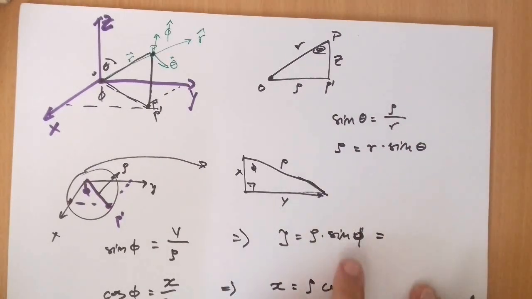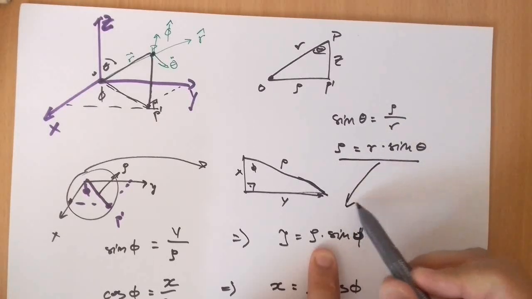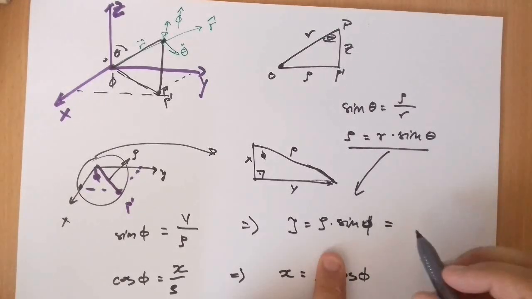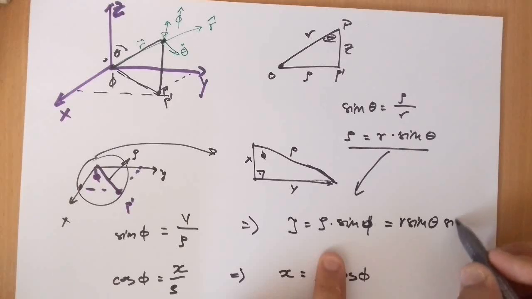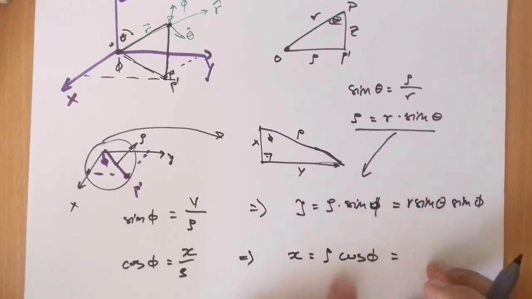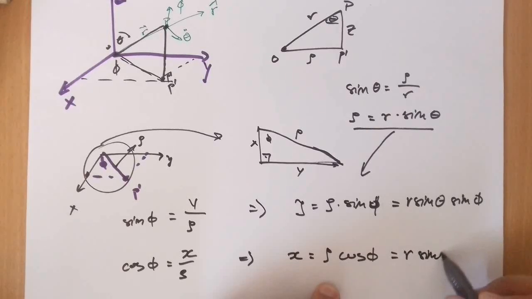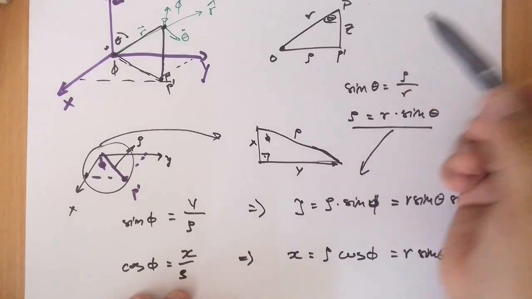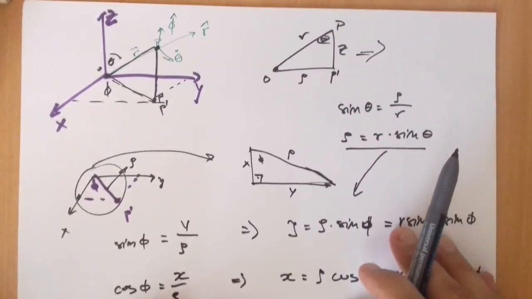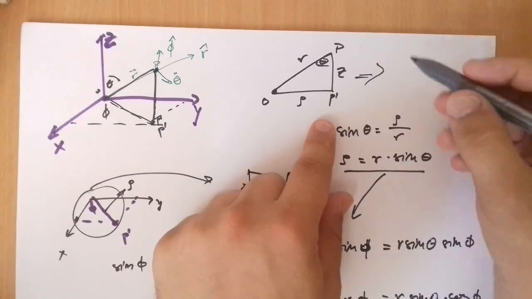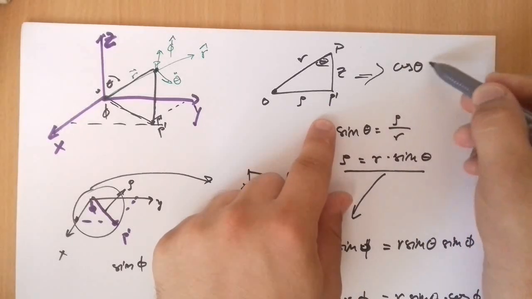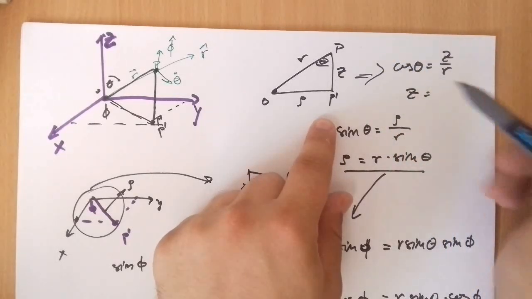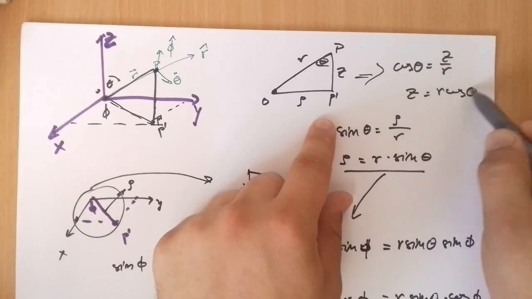And from here we can substitute the rho here, which is r sine theta sine phi, and for x we have r sine theta times cosine phi. And also from this triangle, we can find the z component. The cosine of theta is equal to z over r. The only z is r cosine theta.